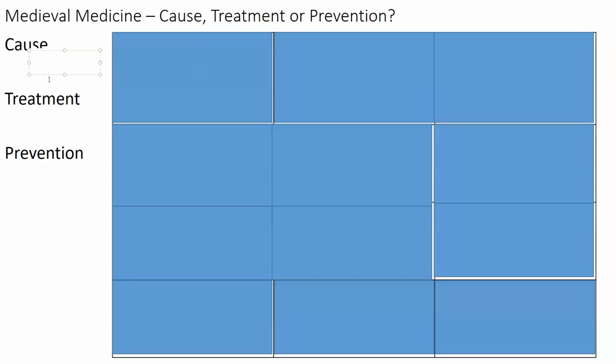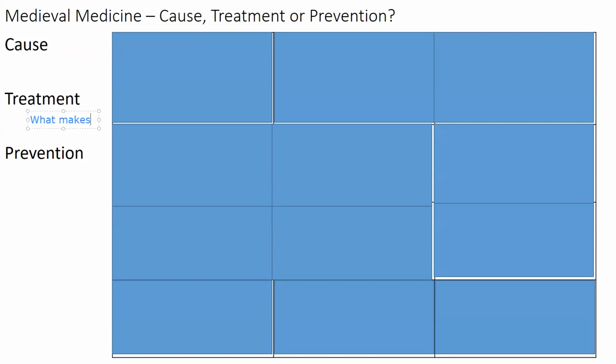So cause is what causes. So what makes you sick? Okay. So we need to have an understanding over time about how that changed and why our understanding of what makes people sick changed throughout this course. You've then got treatment of disease. Now, treatment is if you've got the disease.